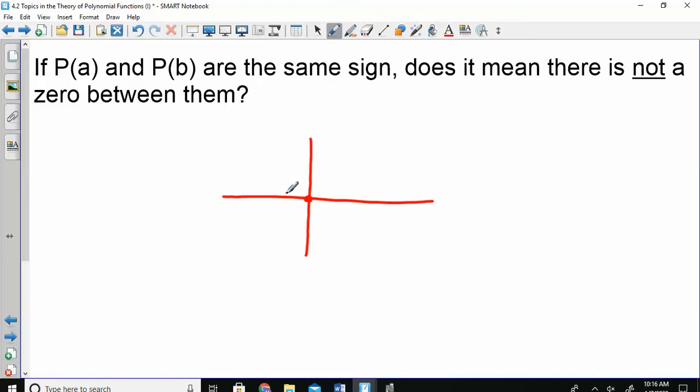So, for instance, if you take a parabola, if you plug in -1, you get 1, and positive 1 gives you 1. So those both are positive numbers, but doesn't your parabola hit 0 in between them? Yes. So if they're the same sign, it doesn't tell us anything. It might have hit 0, it might not. We just don't know. The only time we can make a conclusion is if the signs are different.